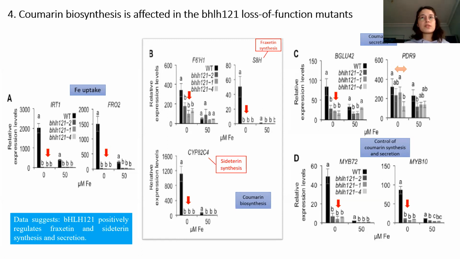Plants want to take up more iron, for example, when it's not present. So we can compare them with the control conditions, and if it's reduced in the mutants, we say that it's compromised. It's reduced or impaired.